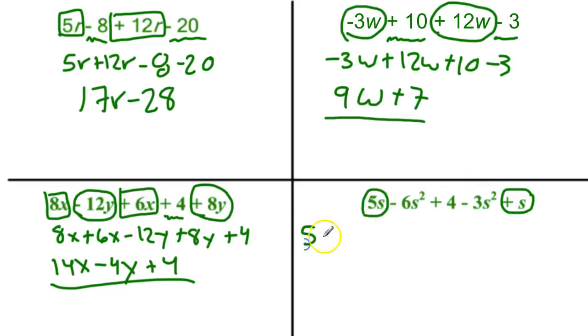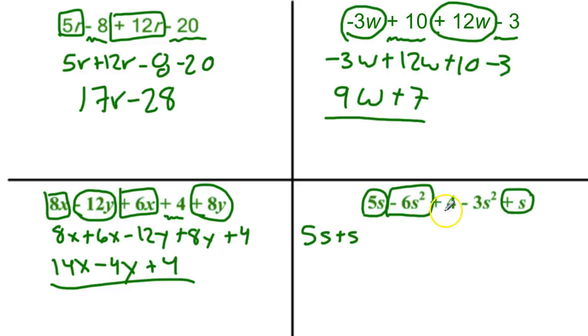All right, 5s plus s. Now I will combine the s squared. And again, people get caught on this all the time. S squared is different than s. So I'm going to put a box around minus 6s squared.